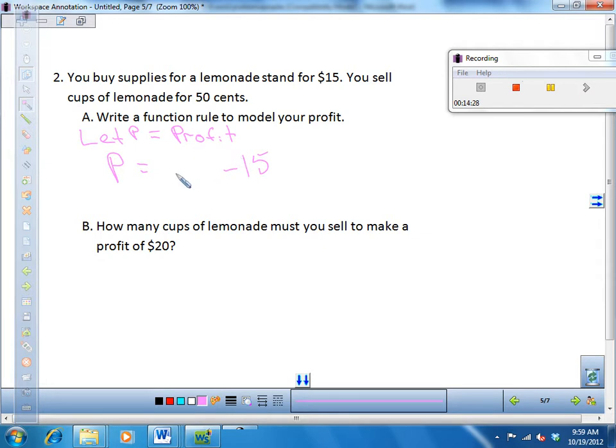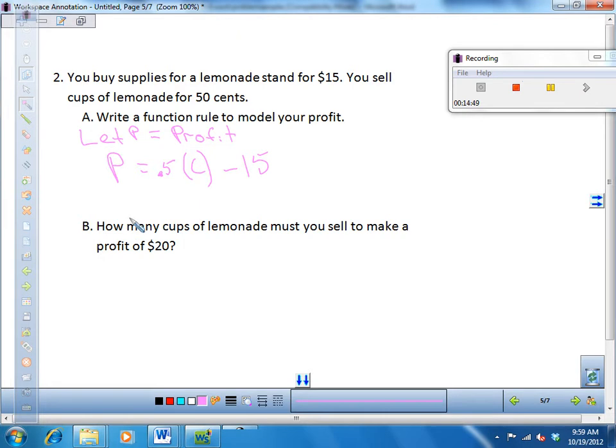Right? $15. But how much do I make for each cup of lemonade? 50 cents. So I'm going to do something like 0.50, right? Because that's half of a dollar. 50 cents is half a dollar times C for the number of cups that I sell. Okay? And that's the way I set up that equation.